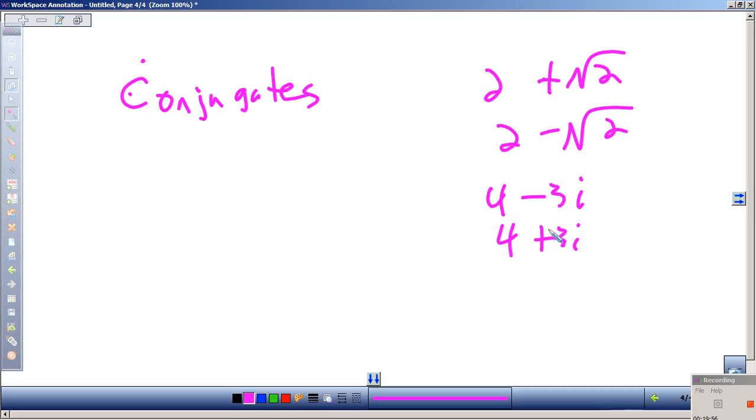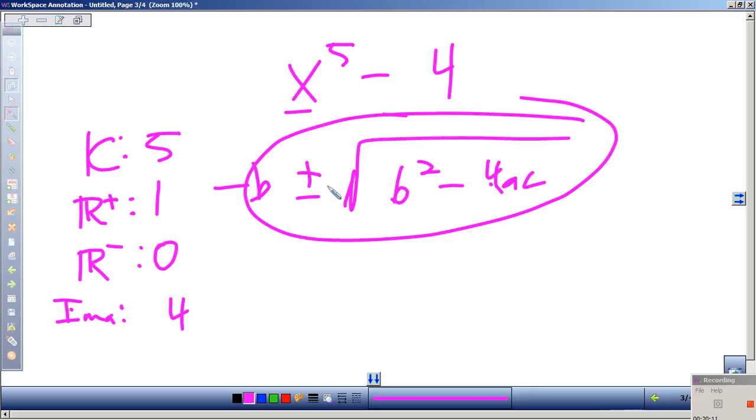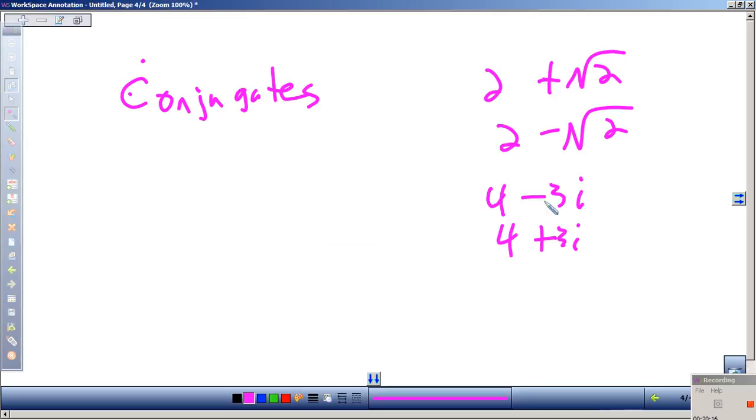And notice these are complex conjugates because they have complex numbers. However, if 4 plus the square root of 2 is a solution, then 4 minus the square root of 2 is also a solution, because of this plus or minus right there. If 4 minus 3i is a solution, then 4 plus 3i is also a solution.